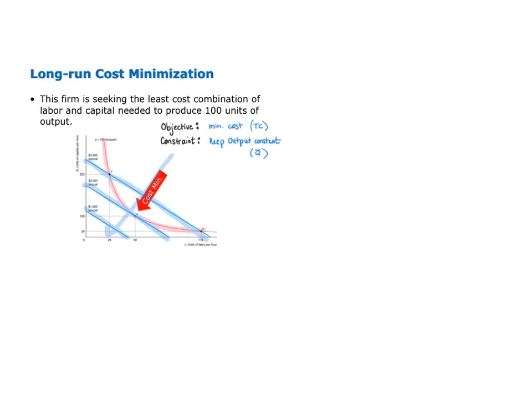Remember, in consumer theory, what we had was an objective of utility maximization with a constraint that the consumer had a fixed budget or a certain level of income.